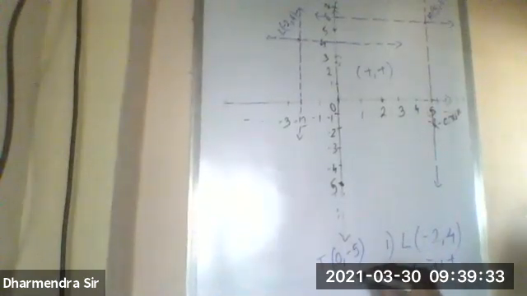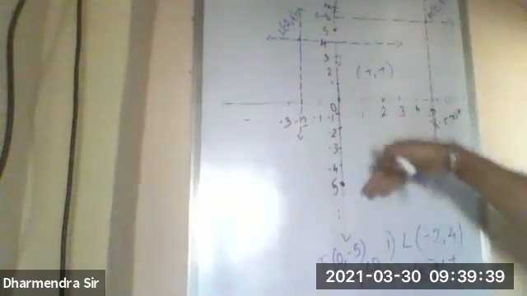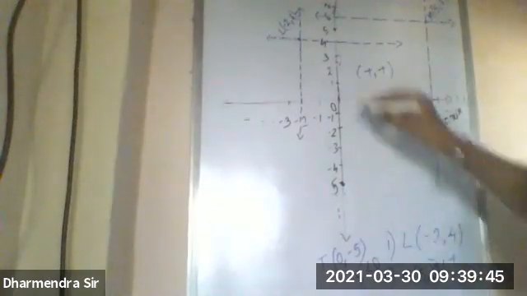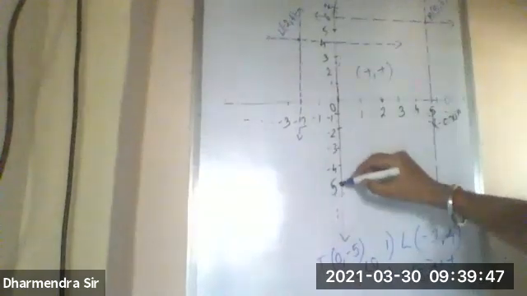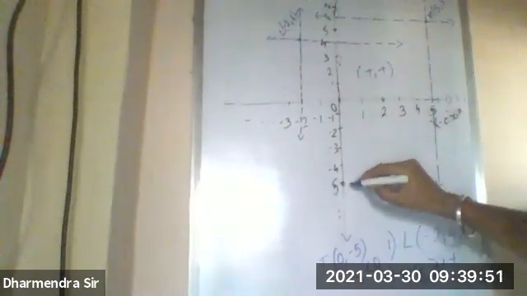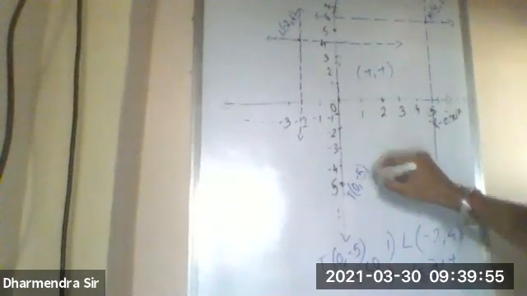Now -5 is less than 0, which means below the x-axis. We can see it lies on the y-axis at a distance of 5. So this is the point. Just mark it as T with the point (0, -5).